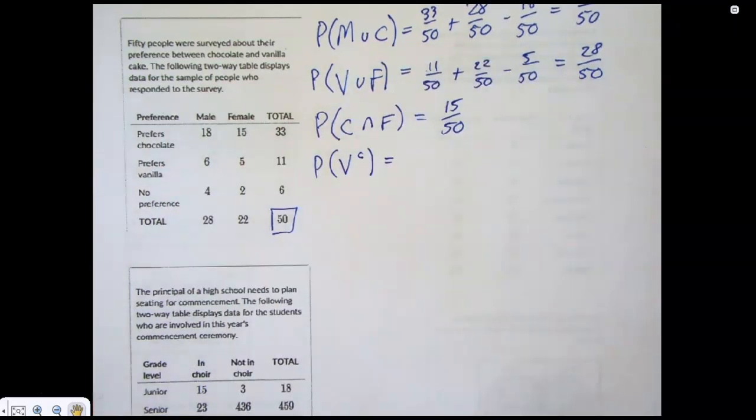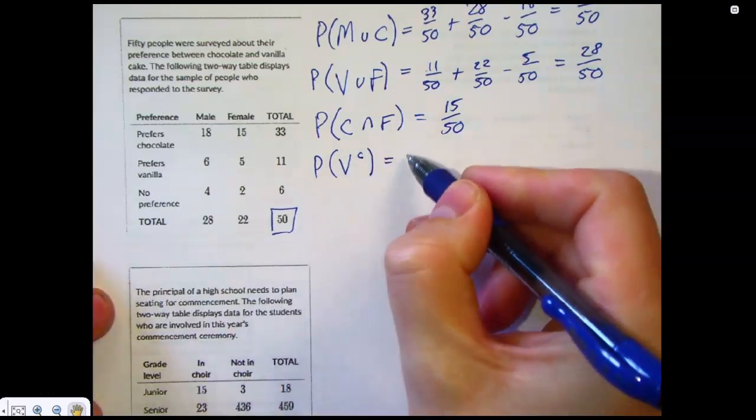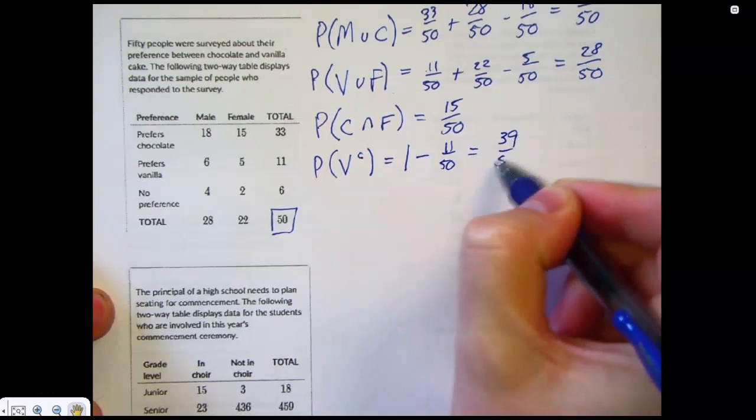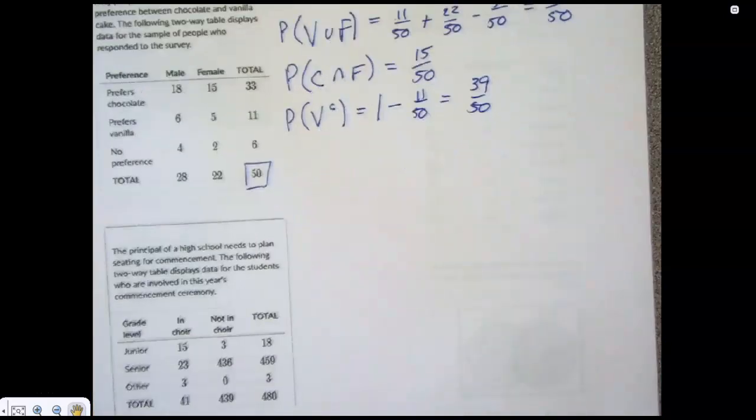So find the probability that you do get vanilla and subtract it from 1, which I know is what you're trying to say. So how many people prefer vanilla? 11 out of 50. So the complement is 1 minus 11 out of 50. So it's like everybody else. So it'll be 39.